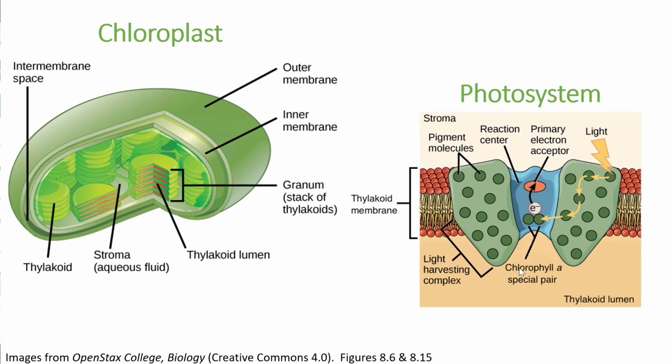And so what we're going to talk about in this video is how the light that's coming in, you can see it here, ends up getting absorbed and used in the light-dependent reactions.